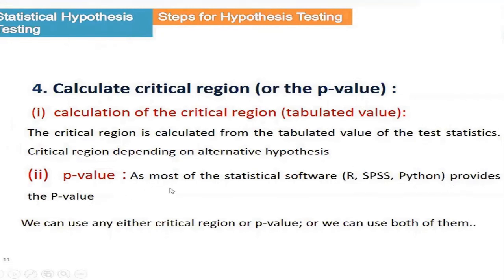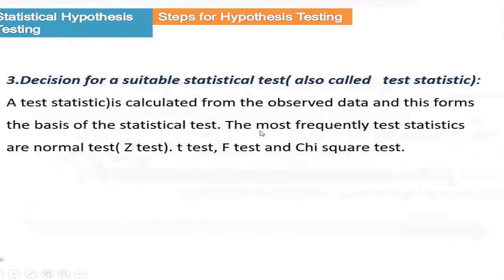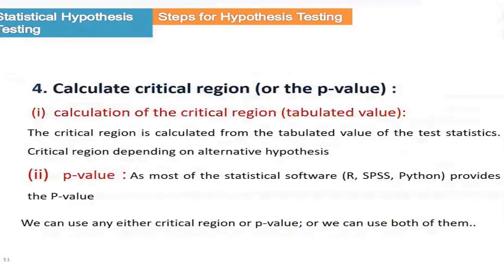We can get the p-value, and critical region is calculated from the tabulated value of the test statistic that we have calculated in step 3, whether t, whether f, whether z, or chi-square. So based on this tabulated value, we have to find the critical region, and p-value also based on the test statistics, but it is easy and most widely used.